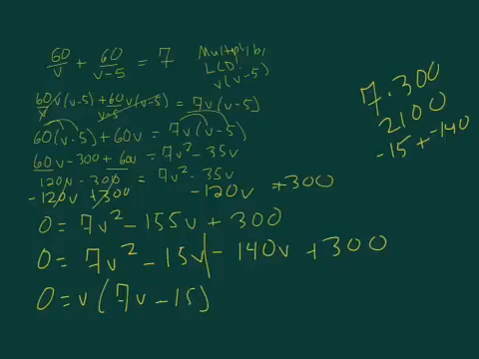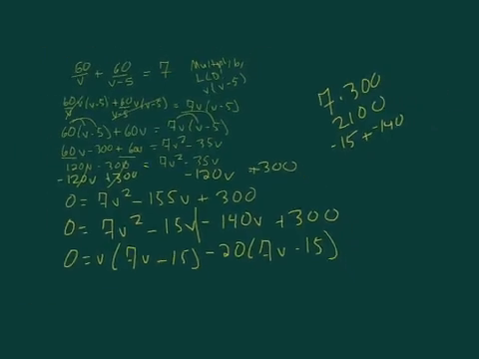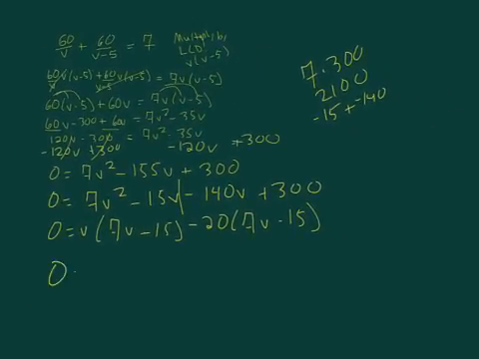The last two terms were tricky, but we can actually pull out a negative 20, which leaves us with 7v minus 15. So then to write our two binomials, we've got the 7v minus 15 that are the same, and then we have the leftovers v minus 20.